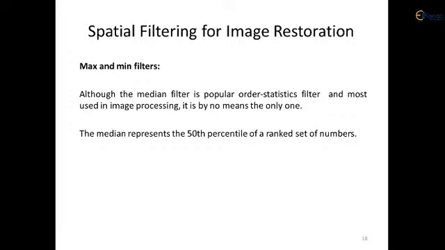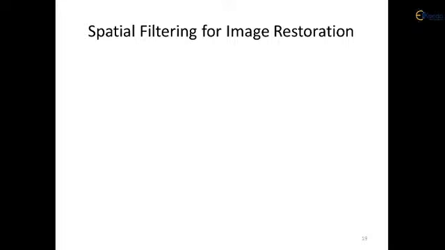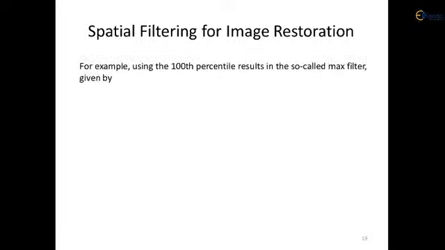The median represents the 50% of the ranked set of numbers, but from basic statistics the ranking extends itself to many other possibilities, and the maximum and minimum are such possibilities we are going to deal with. The example we can discuss, where the 100% of the ranking results in the so-called maximum filter, we can mathematically express by this particular expression, where we obtain f cap as a function of x comma y.